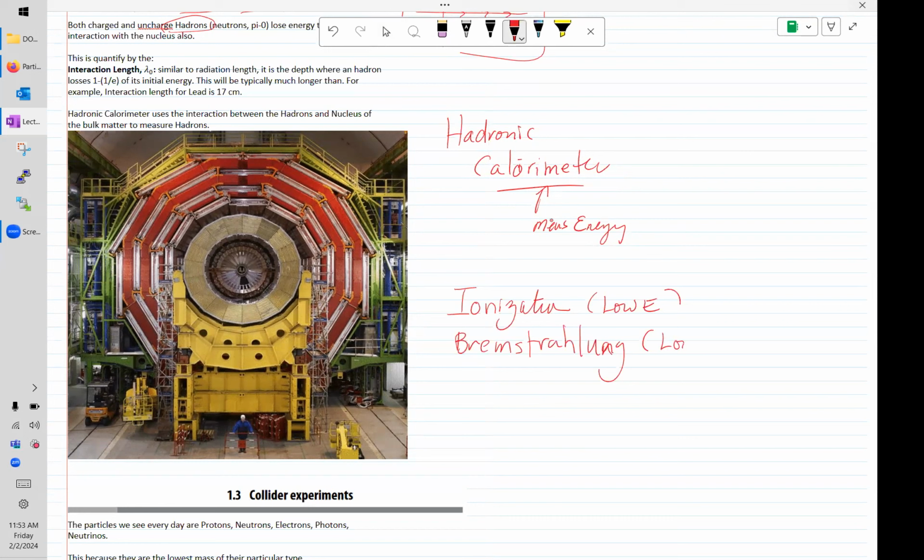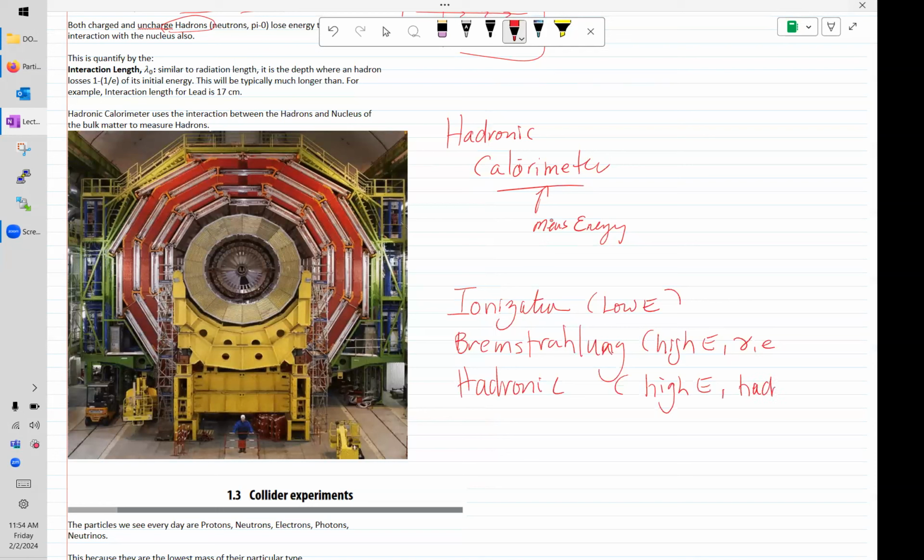This is high energy, photons and electrons. And then there are hadronic interactions, which are high energy. Oops, I said low here, didn't I? This is high energy. I wrote low, but I meant high.